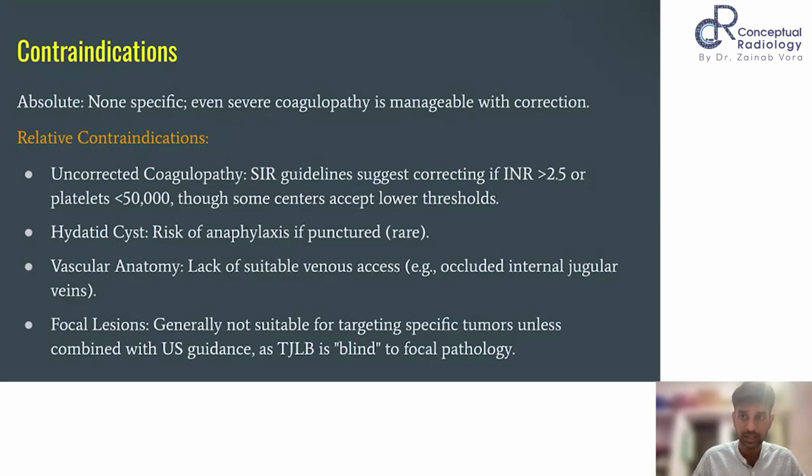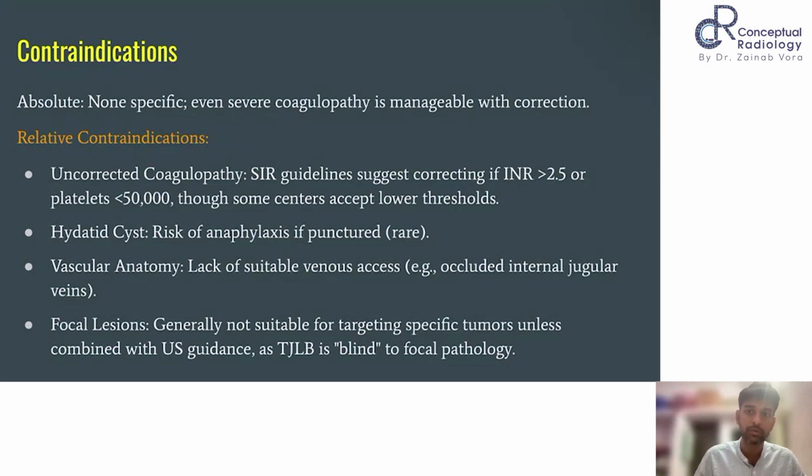And if there is a lack of suitable venous access, for example thrombosis of the internal jugular vein, the obvious next step is to go through the left-sided internal jugular vein. If there is thrombosis of all the jugular veins, as in cases of CKD because of HD catheters, then we can do a transfemoral liver biopsy.